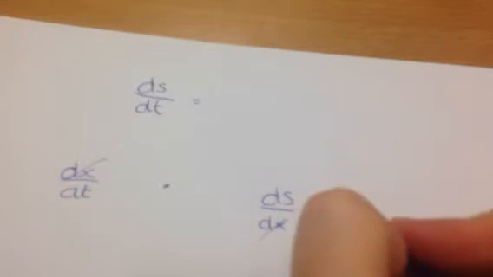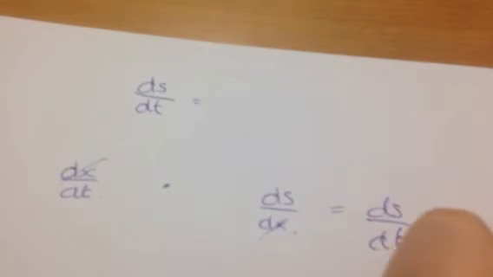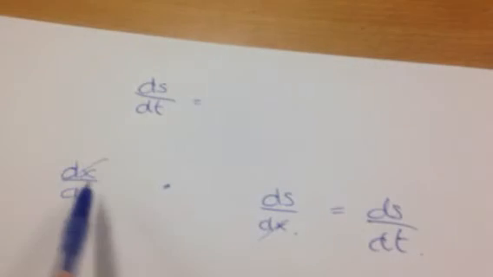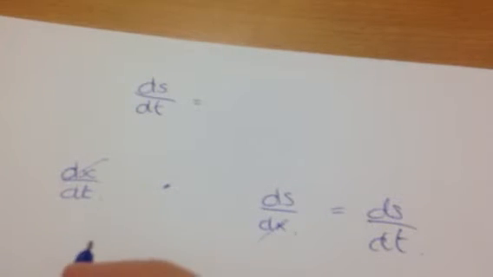They just made me figure out ds dx. And if I multiply those two together, I would end up with what they want, which is ds dt.